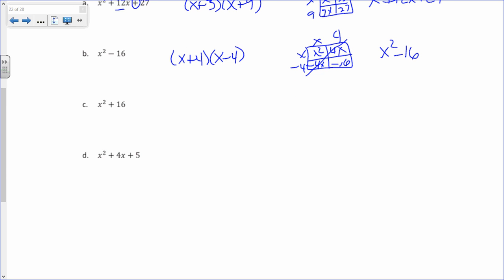x squared plus 16 is going to be x plus 4i and x minus 4i.